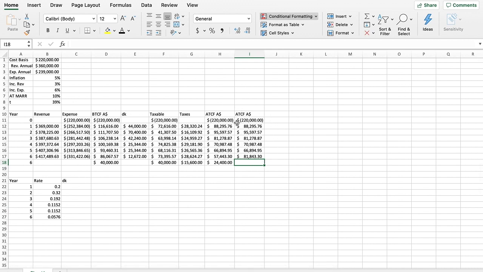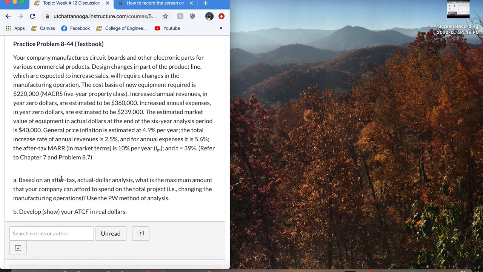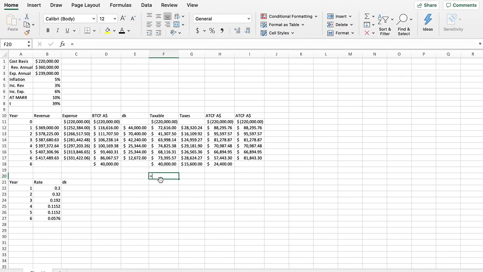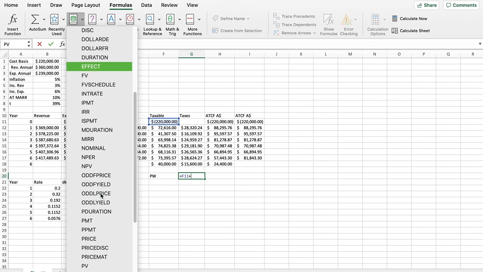So now that we have the after-tax cash flow in actual dollars, we can solve part A of the problem, which again asks us for the maximum amount the company can afford to spend on the total project using the PW method of analysis. It's pretty straightforward actually. For this, you're going to do equals negative $220,000, add, you're going to go to formulas, we're going to add in the NPV formula.